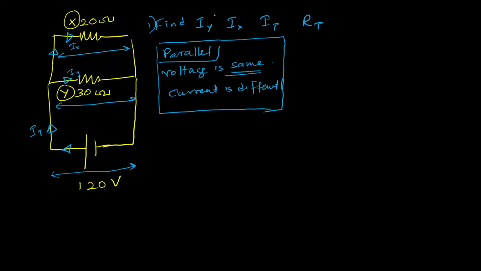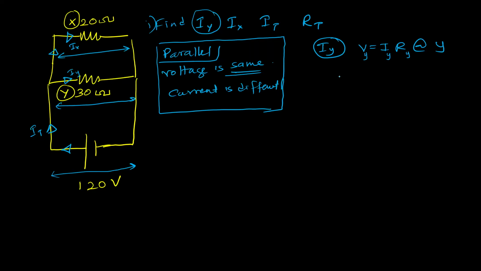If you want to find IY, now this first question, you have to use V equals IR at Y. At Y only, not the whole circuit. So it will become Vy, Iy, Ry. What is Vy value?